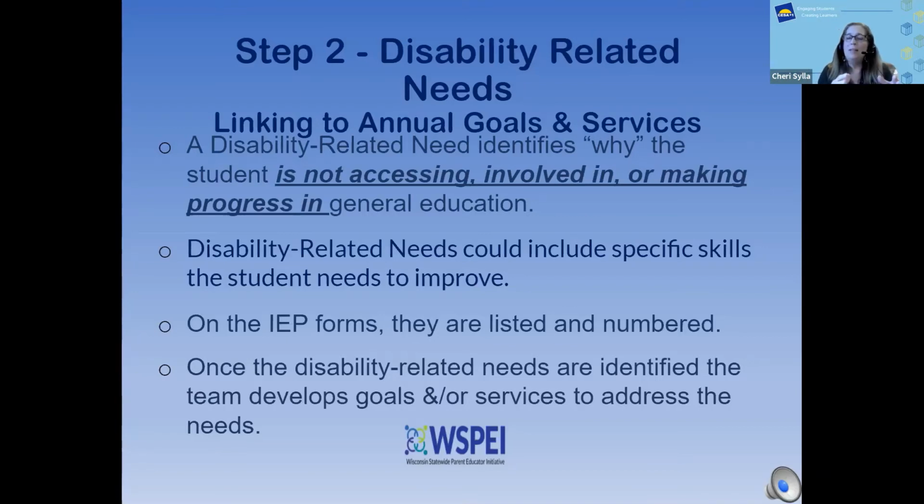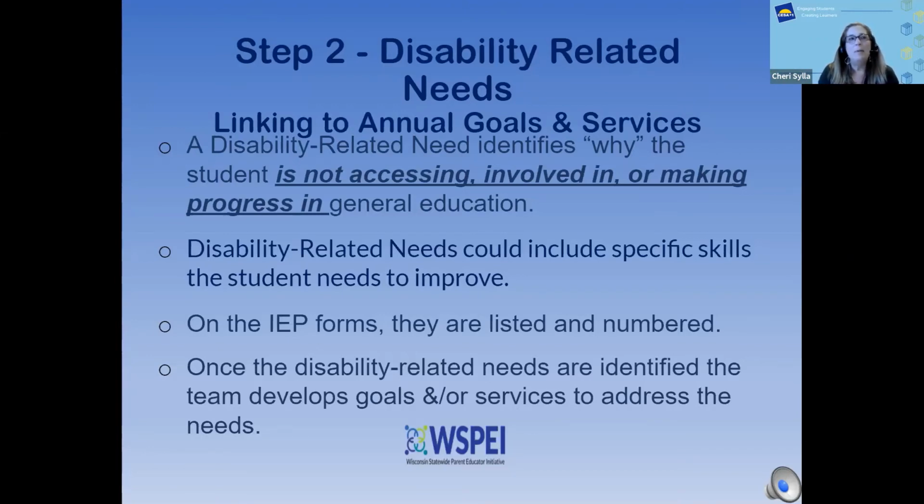So you don't necessarily have to have a goal for every need, because some needs may be addressed as an accommodation or a service on the IEP summary page and may not necessarily be a goal.